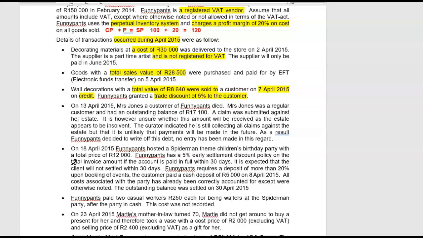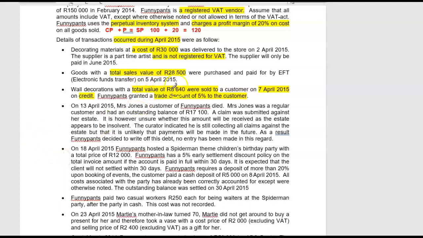Once you've agreed upon a price that you can purchase the merchandise on, that will be your price. It's a special price. It's not a normal price. And the invoice that will be issued to you will be an amount that will have already taken into account the trade discount that was granted. So invoice value will always be after a trade discount has been given to you.